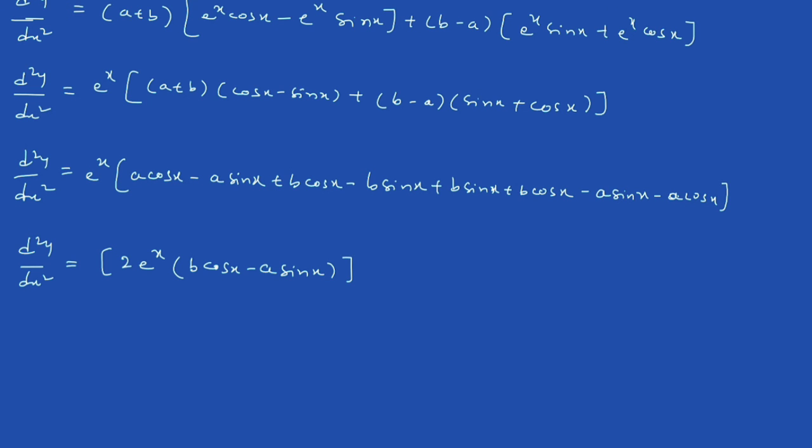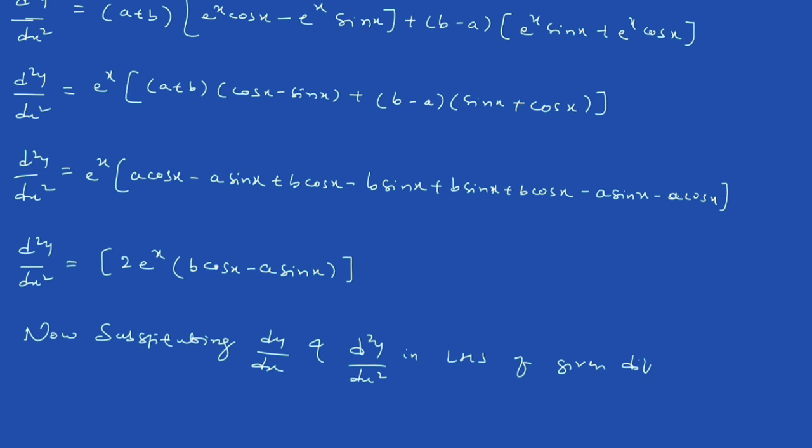It's nothing but d2y upon dx square. So now substituting dy by dx and d2y upon dx square in the LHS of the given differential equation.